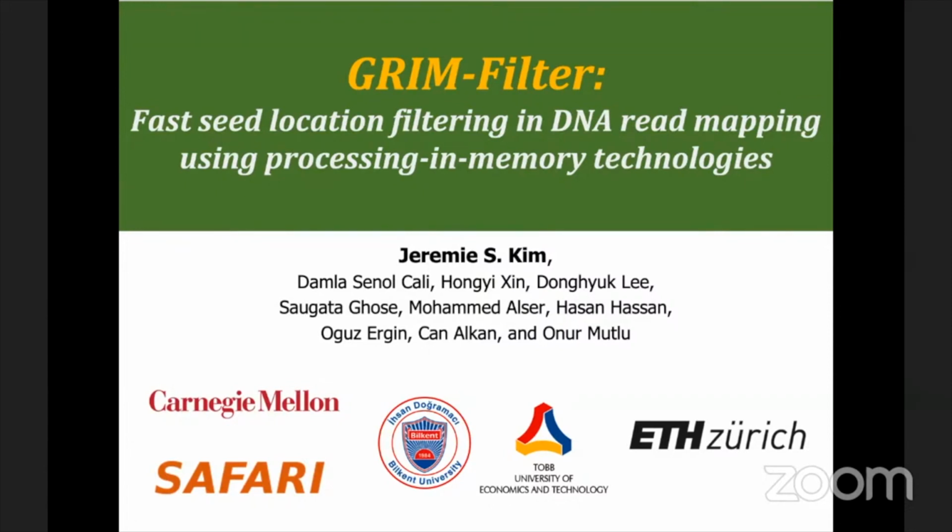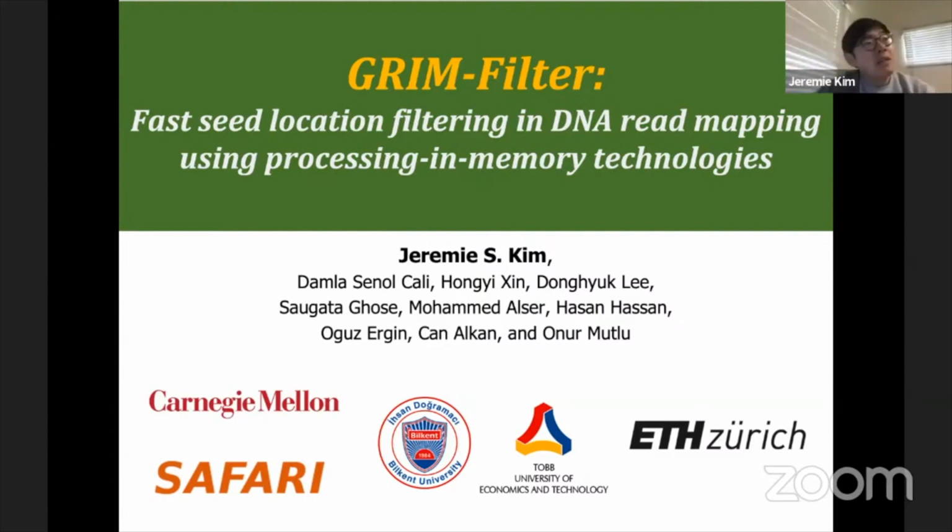Also, since you have a lot of information coming just from the filter, for example, you know already that these 5 characters are an exact match between the read and the reference genome. Do you think we can exploit this information to do fast alignment as well, instead of always trying to do the alignment at base level?